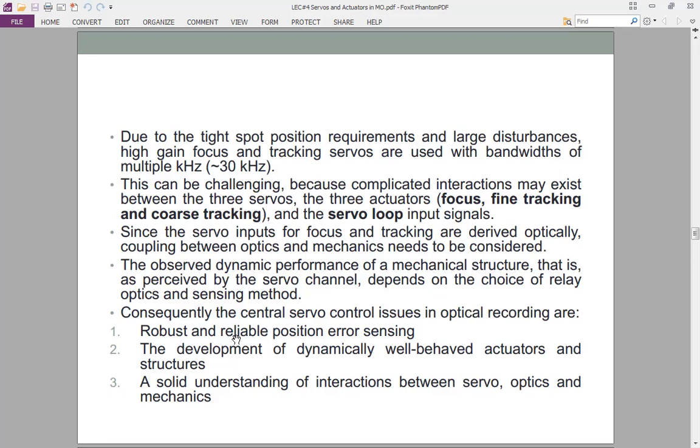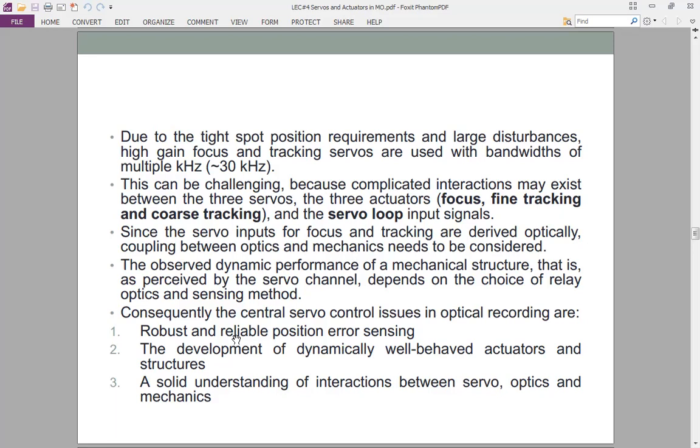Here, the emphasis is to show that the servos must be faster than the reading speed. This can be challenging because complicated interactions may exist between the three servos and the three actuators.